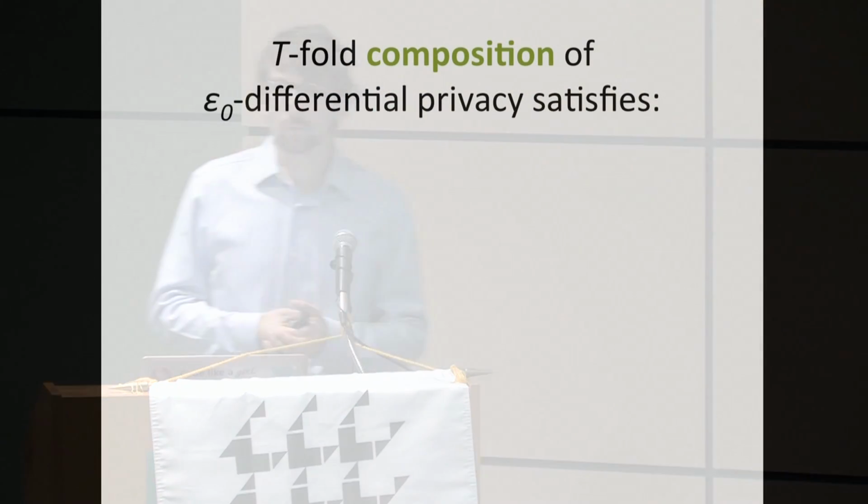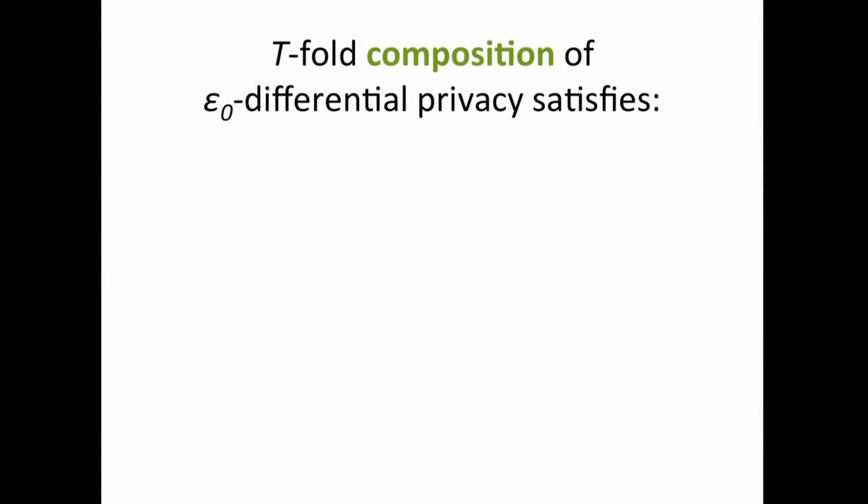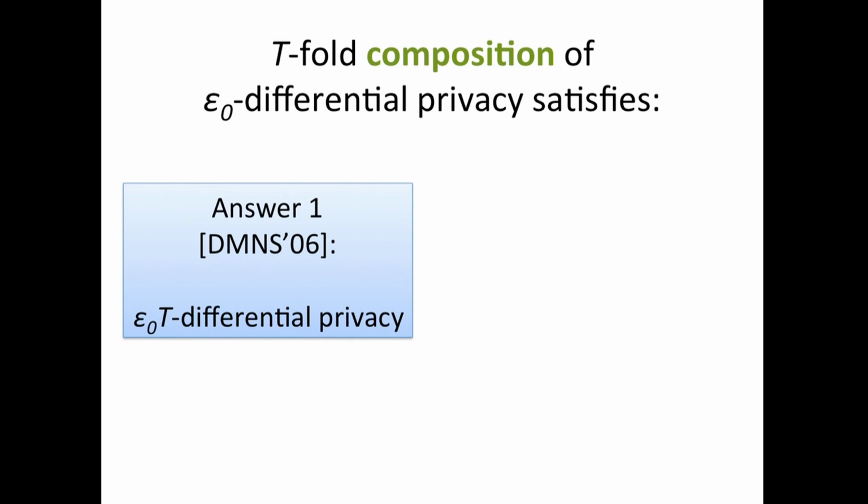These are very powerful and beautiful theorems, which say that if you take an algorithm where each step satisfies epsilon 0 differential privacy, and you run it for t steps, so t-fold composition, then you get two privacy guarantees. The first one, which is relatively easy to show, is epsilon 0 times t differential privacy. This is the most well-known composition theorem in differential privacy. Your privacy loss deteriorates linearly with t.